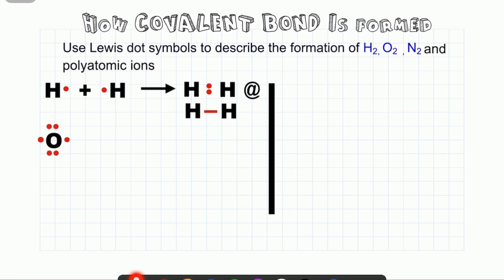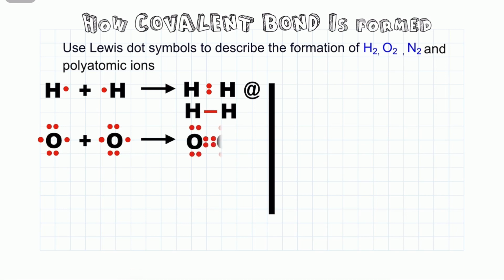The next example, oxygen. Here you can see that the oxygen has 2 single electrons. When it combines, each oxygen atom shares each of its single electrons, and there are 4 electrons in between the oxygen atoms.